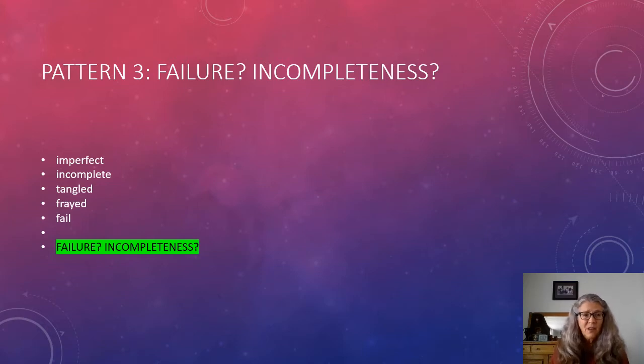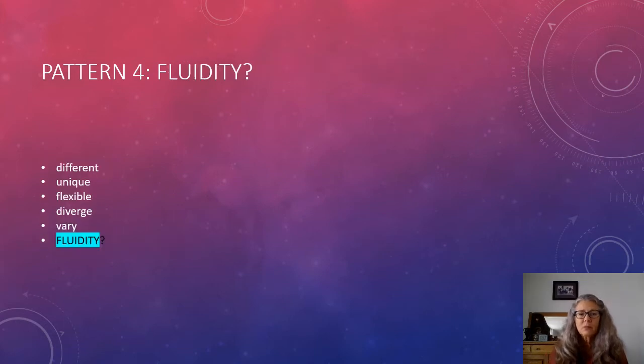This pattern I saw was imperfect, incomplete, tangled, frayed, fail, all words with some kind of negative connotation. So my choices are failure or possibly incompleteness. We'll see what happens. My fourth pattern I'm calling fluidity because it's based on a series of words such as different, unique, flexible, diverge, and vary.